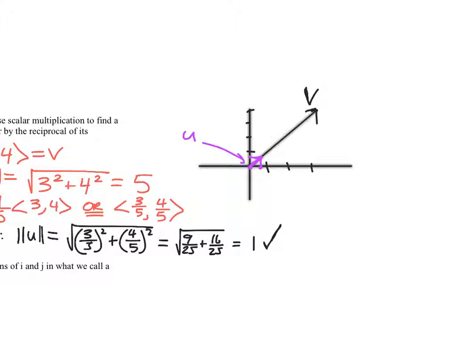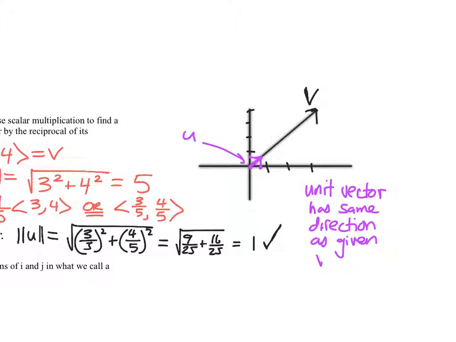All right. So the unit vector has the same direction as the given vector, which means that unit vector actually forms the basis for that original vector, telling us that we can write that original vector as a scalar multiple of that unit vector.